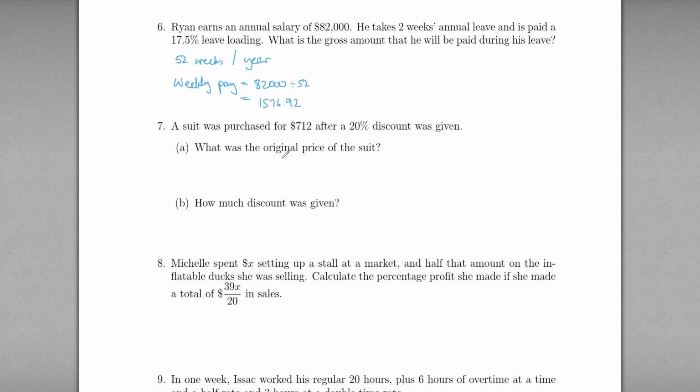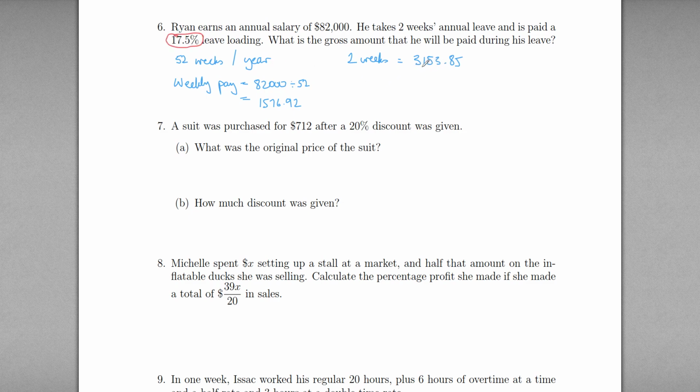Okay. So for 2 weeks then, so 2 weeks will be multiplying that by 2, so 3153.85. Okay, but he's paid a 17.5% leave loading, so that means that he gets 17.5% bonus on that amount.